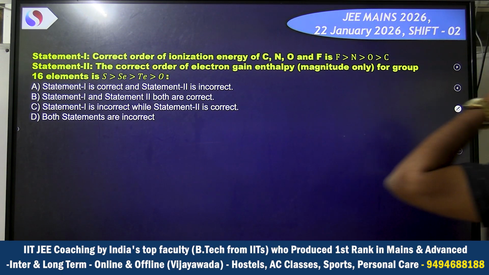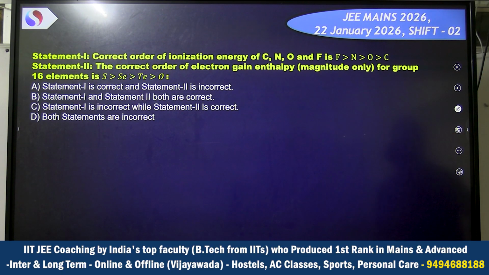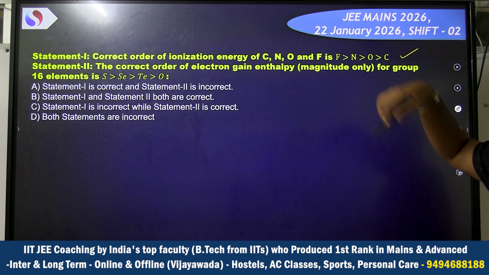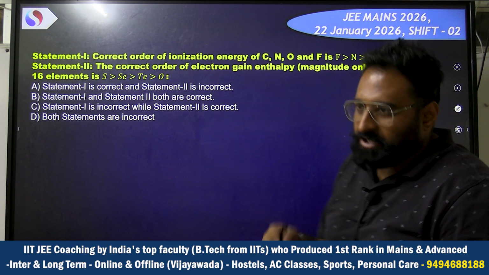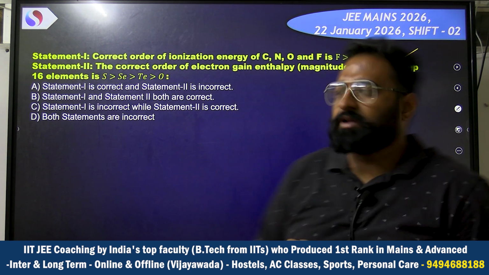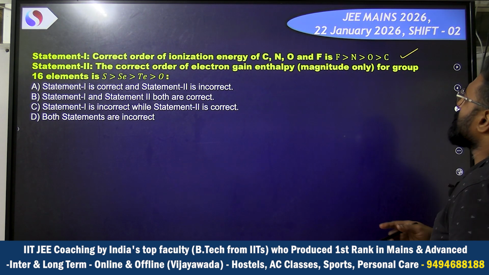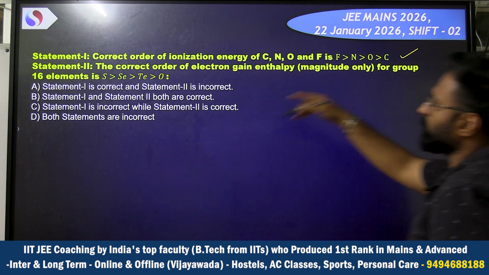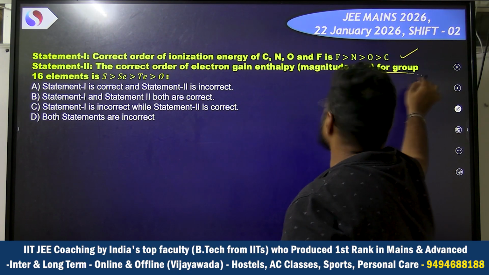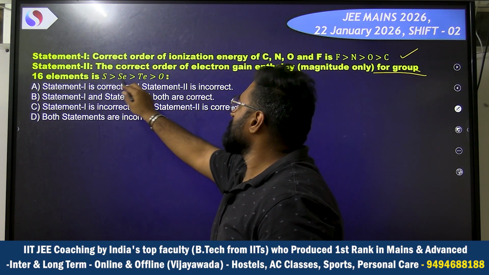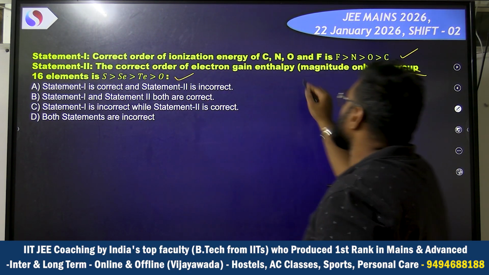Correct statement for ionization energy is fluorine, nitrogen, oxygen, chlorine. Yes, it is correct. Left to right, ionization energy increases. The correct order of electron gain affinity for magnitude of group 16: sulfur, selenium, tellurium. Yes. Again, why?